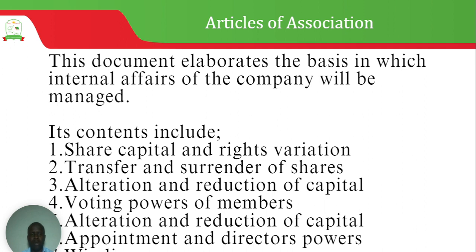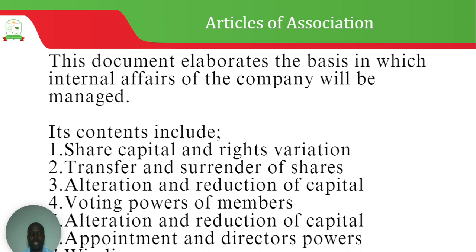The other one is the voting powers of each member. There are situations that will require us to take a vote. So the articles of association dictates how that is supposed to be done. Another part of that particular document is the appointment and directors' powers.